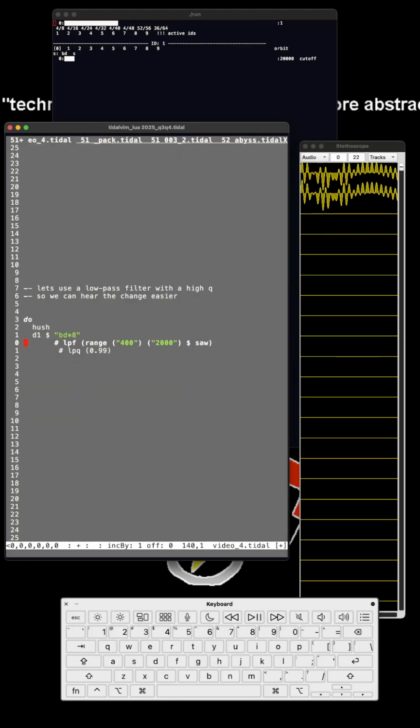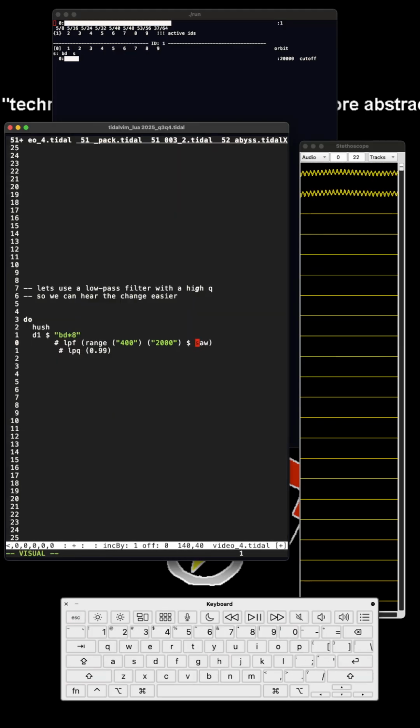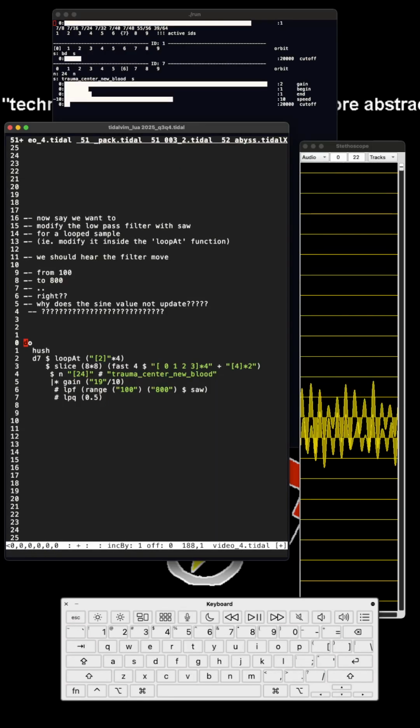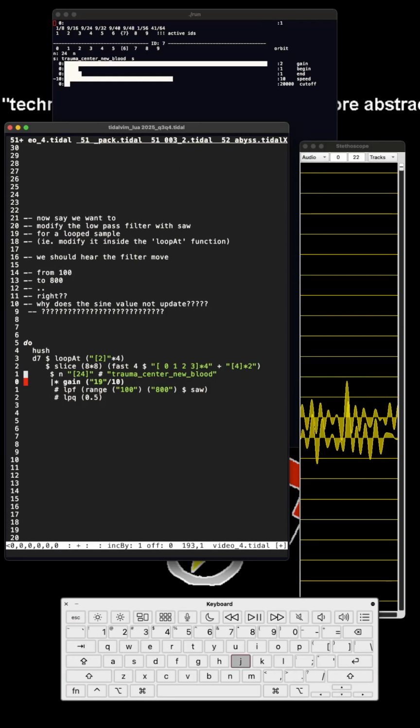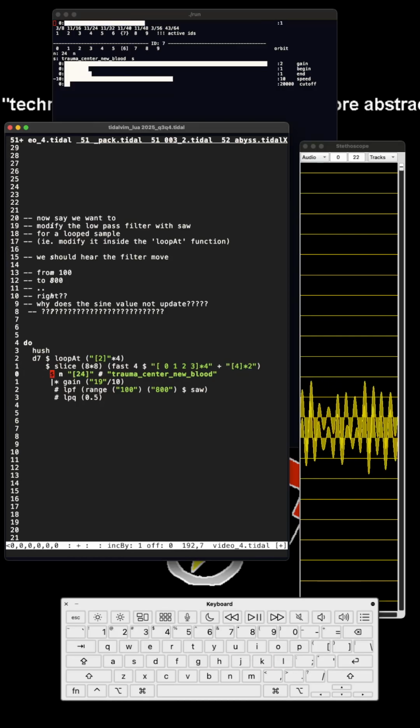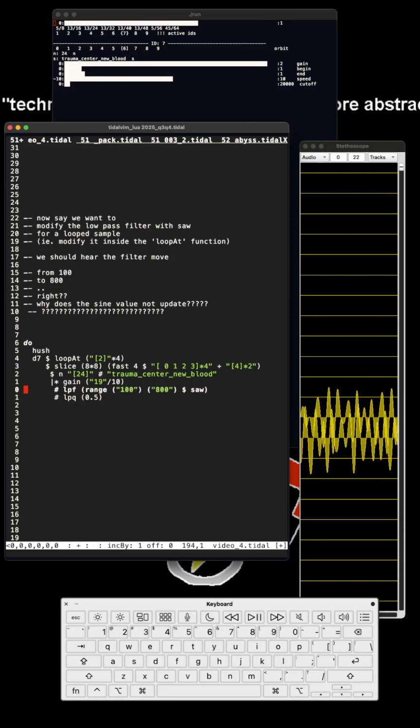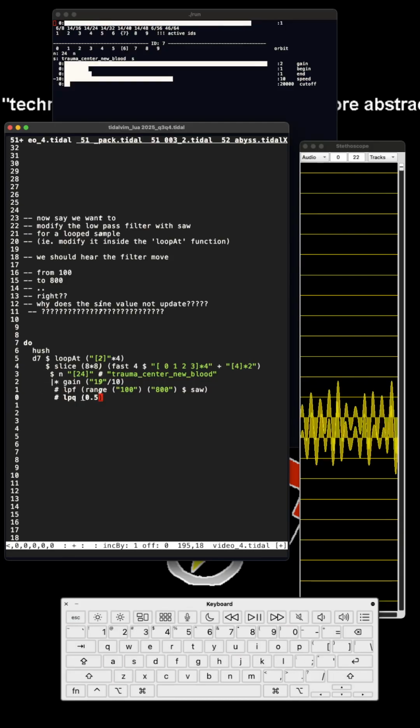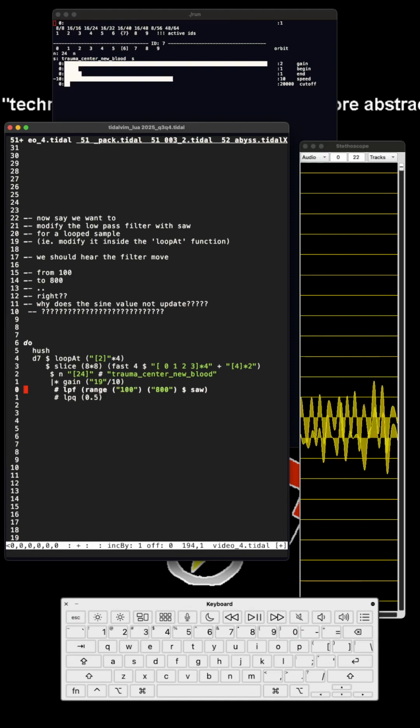So let's say you want to use a saw to modulate a low pass filter value for a looped sample. So you loop it and slice it and everything. And the filter doesn't sound like it's changing. That's because it's not. It should be moving from 100 to 800, right?